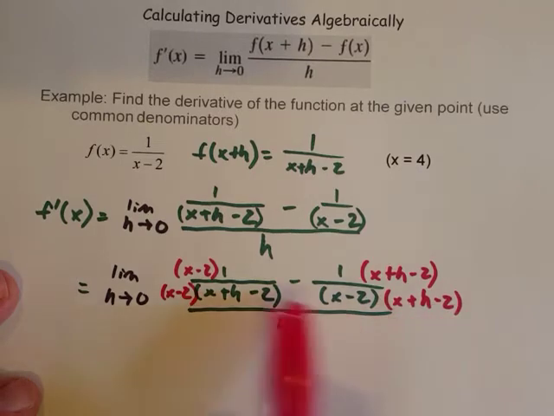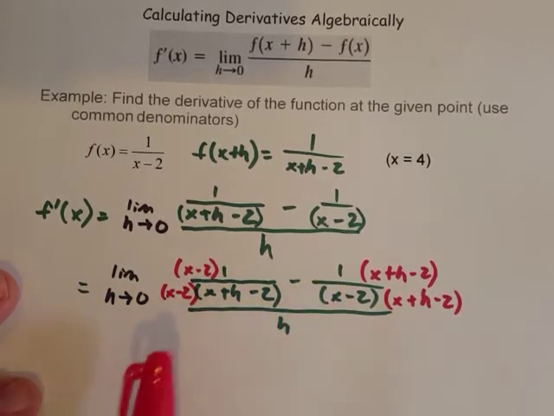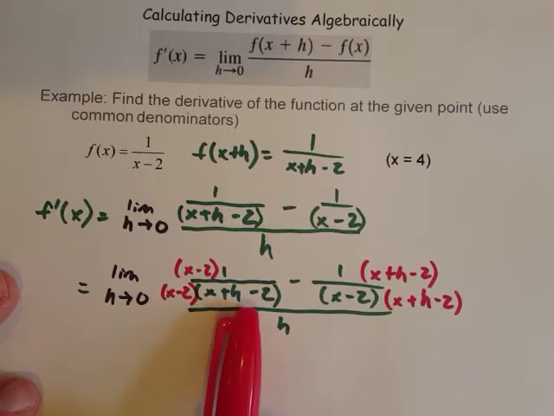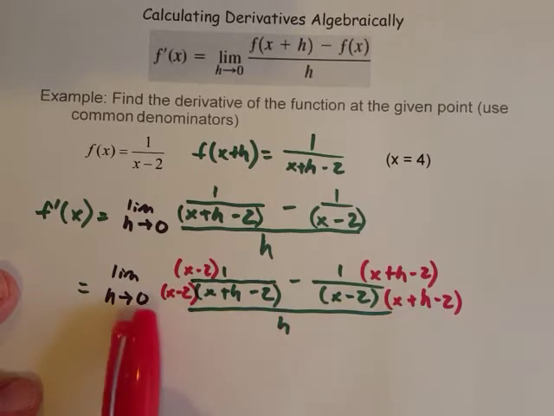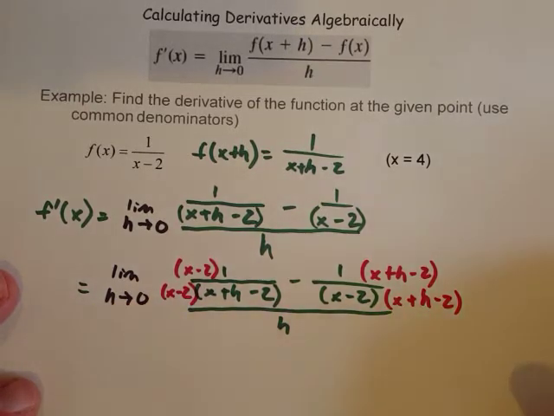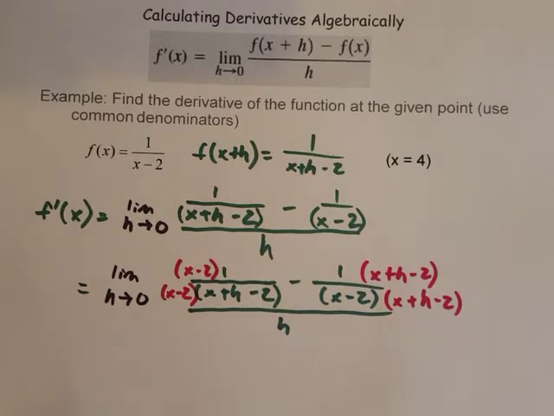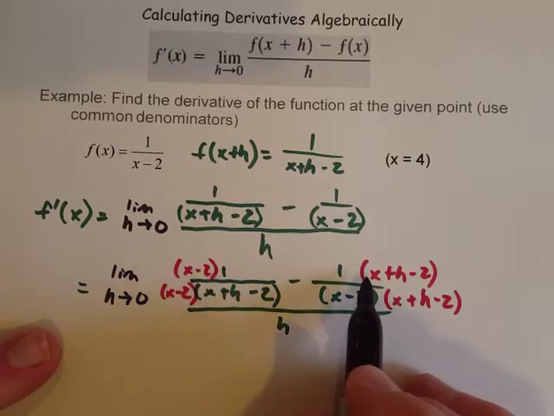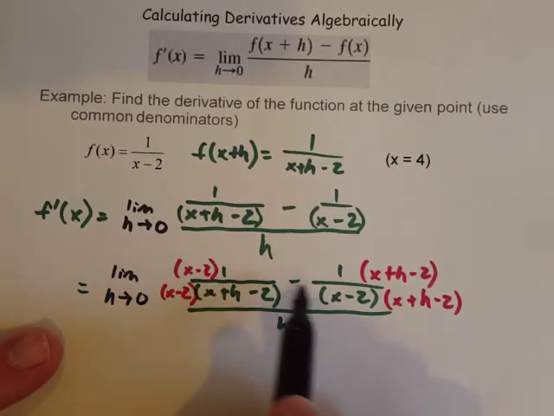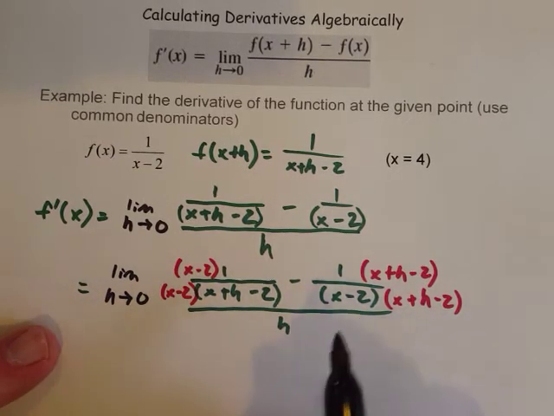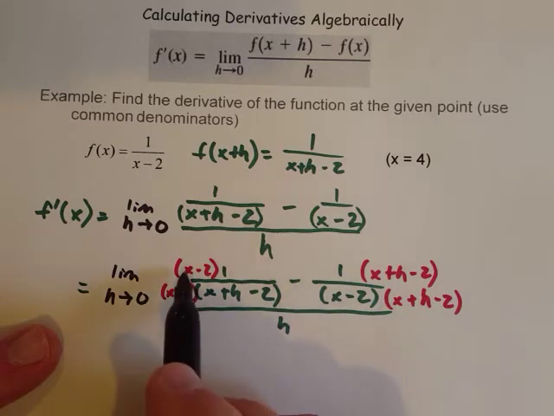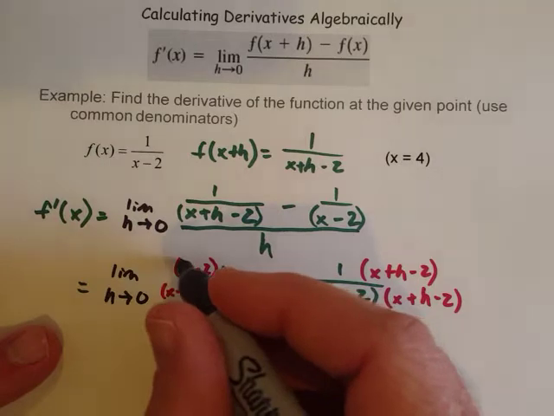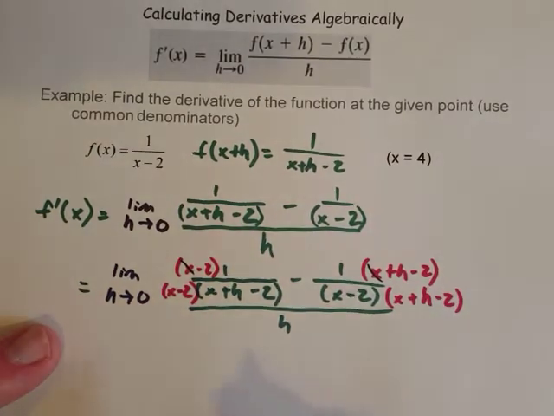And so now I want to combine those together. I would avoid the temptation to FOIL these. You might want to FOIL them, but I think it's going to work out easier in the end if we just leave them in factored form. But up on top here, noticing that these are each just multiplied by 1, so really, we're just going to combine things. Now we do need to be a little bit careful how we combine. On the top here, we have x minus x, so those can cancel out.